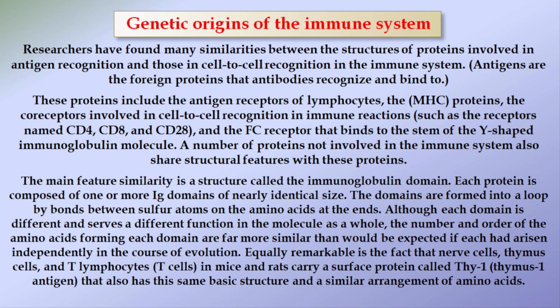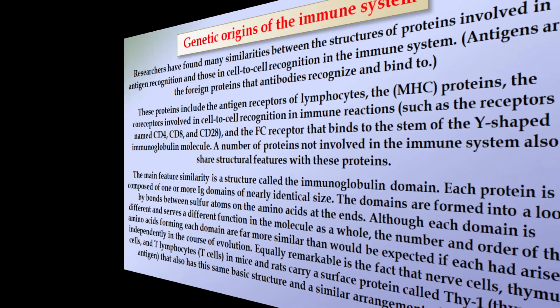Equally remarkable is the fact that nerve cells, thymus cells, and T lymphocytes, T cells, in mice and rats carry a surface protein called Thy1, thymus 1 antigen, that also has this same basic structure and a similar arrangement of amino acids.